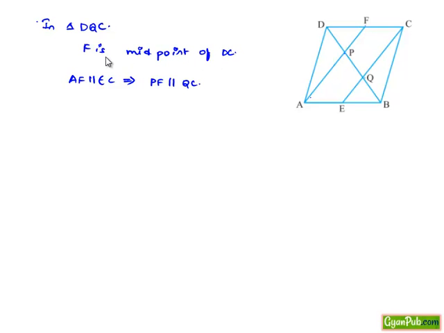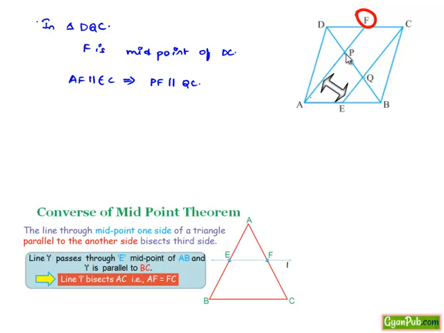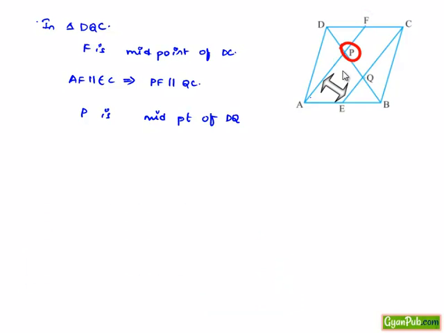Now as in triangle DQC, F is midpoint of DC and PF is parallel to QC, by converse of midpoint theorem, we can say that P is midpoint of DQ. As P is midpoint of DQ, we can say DP is equal to PQ. Let it be as equation number 1.